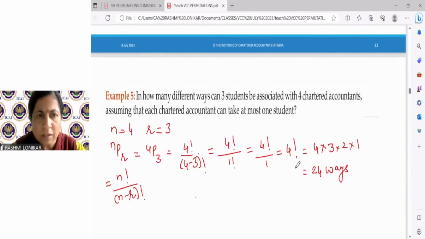This is clearly this way, na? That 4 CS are there and 3 students are there.